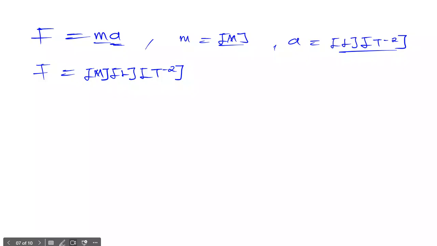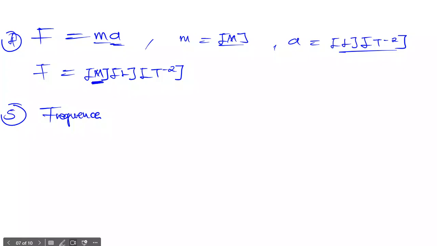So this is how you find the dimensions for force. I think I can add on also another important thing that I've just remembered, frequency. I think this is going to be the last one. First of all, let me finish with force. I didn't give the units. How do we find the units for force?